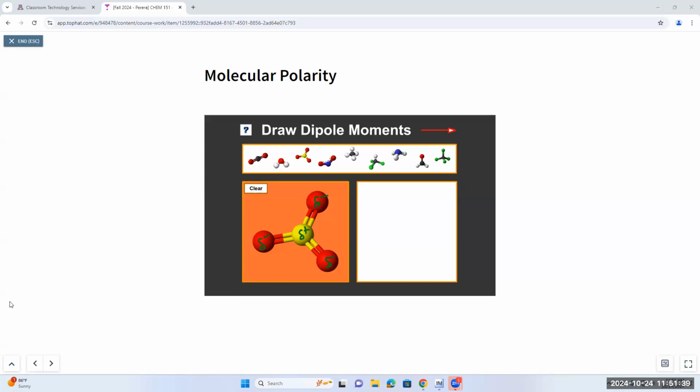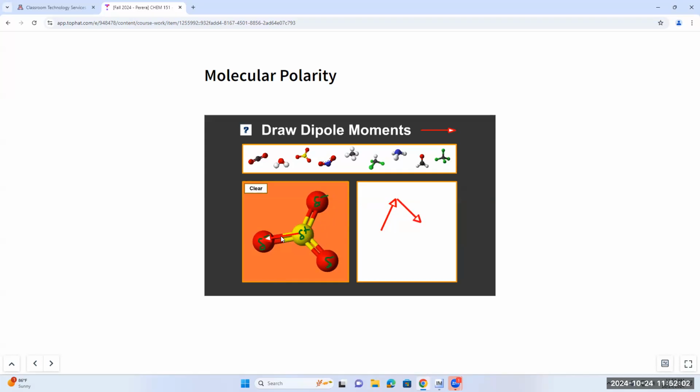Therefore, if you drew your dipole moment vectors, so bond dipole moments, you're going to get one like this, another one going this way, and the other one going this way. And if you arrange them head to tail, here's one, and here's another head to tail.